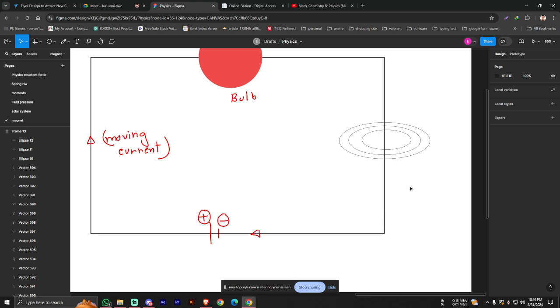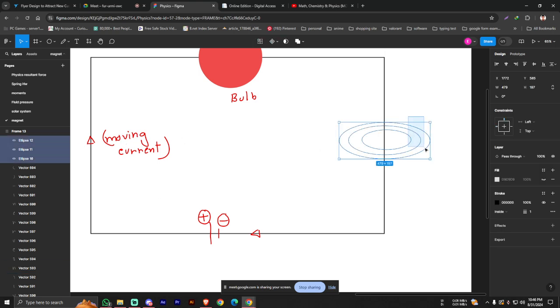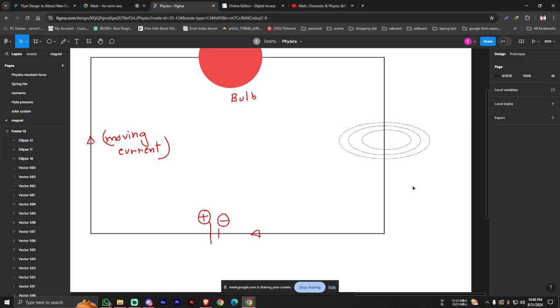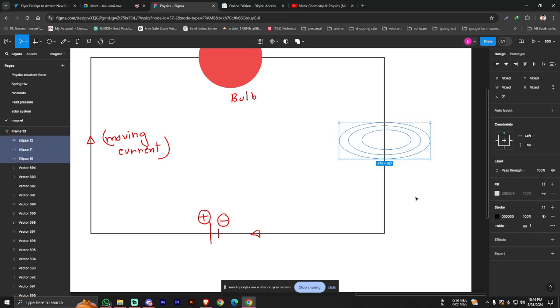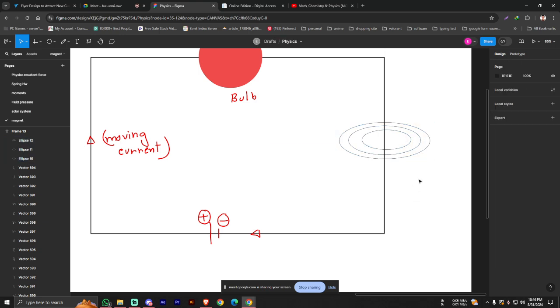If that point doesn't have a moving current, it cannot create this magnetic field that we are showing. So the main concept here is that a moving current in a circuit creates magnetic field lines, and this is the shape of the magnetic field line that we see in a circuit.